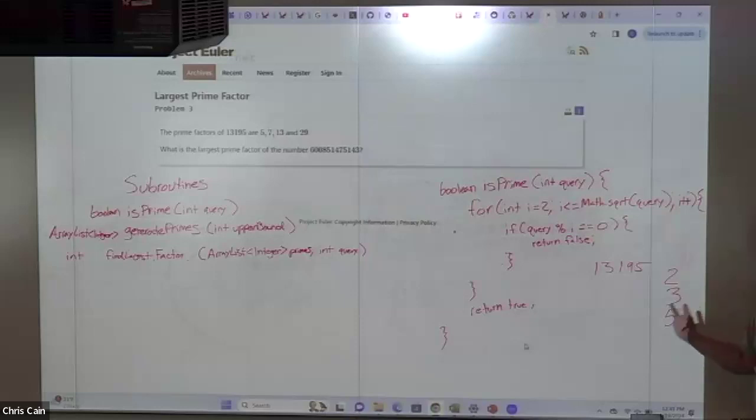And for each prime it generates, you're going to go through this process of attempting to see whether it goes in evenly with the current number. If it does, you divide the current number by the prime, and you're going to loop that process until current number is 1. If you've stored off the last prime that went in, that's what you want to return as your answer.